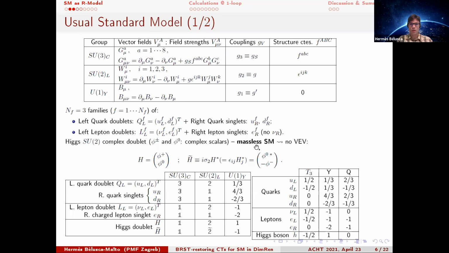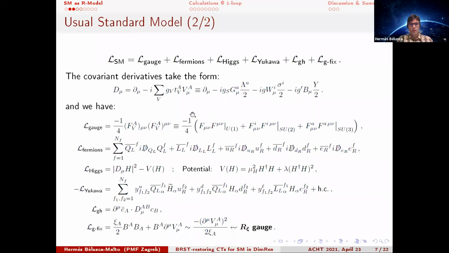But here I'm working in the massless case, so the Higgs doublet does not acquire a VEV. Then the Lagrangian that defines the standard model can be separated into the gauge part, the fermion part, the Higgs part, and the Yukawa interaction part. And then there are also the gauge fixing and the ghost terms.